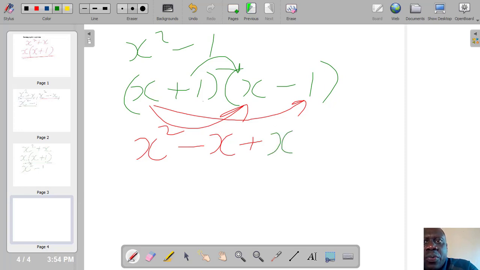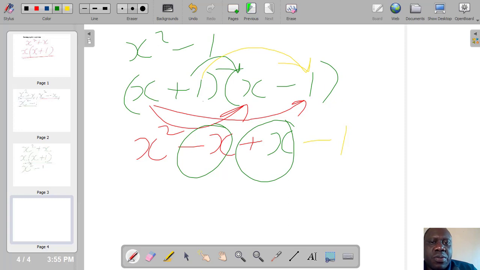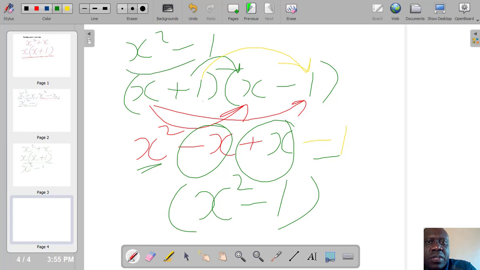Then you multiply this one again with minus 1. Remember, this is plus 1 times minus 1, so it's going to be minus 1. And you will notice that minus x, this one, plus x, this one, adds up to 0. So you are left with x squared minus 1, and you're back to where you started.